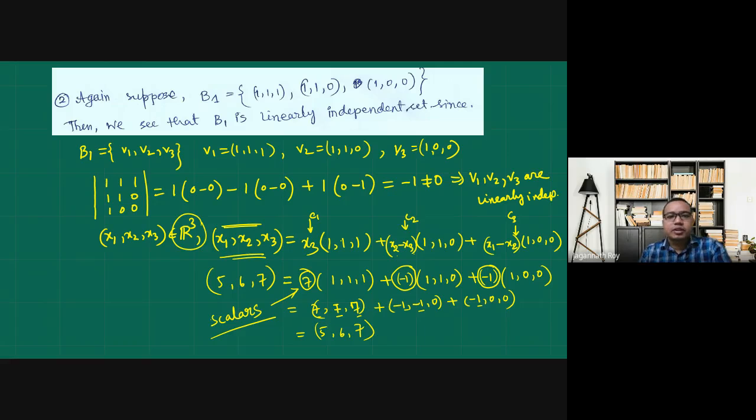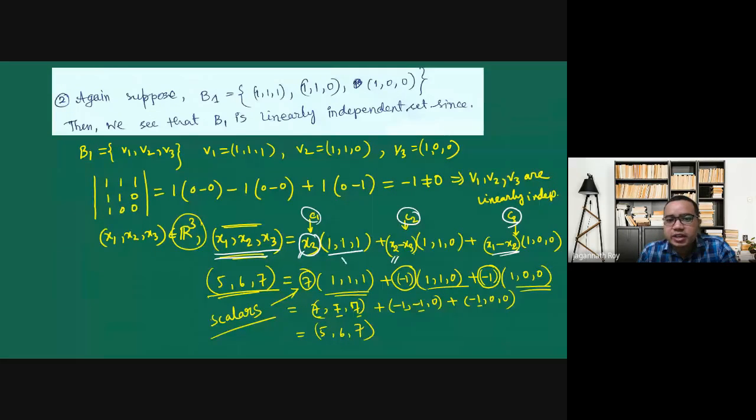Okay. So this particular vector can be written as the linear combination of these three vectors. If we consider arbitrary x1, x2, and x3, and we can find particular scalars c1 as x3, c2 as x2 minus x3, and c3 as x1 minus x2, then we see that v1, v2, and v3 are the generators of R3.